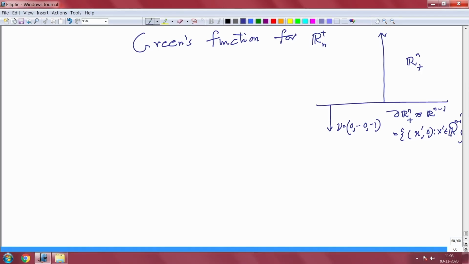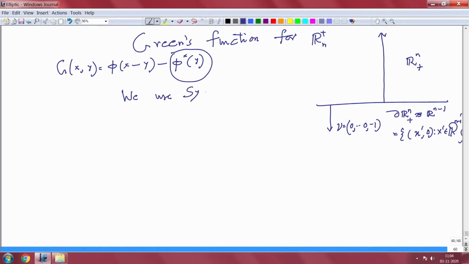With all that, you already have phi of x minus y. Let me recall the Green's function: G of x, y is equal to minus phi of x minus y plus a corrector, which should be harmonic. So, we use the symmetry of R n plus.